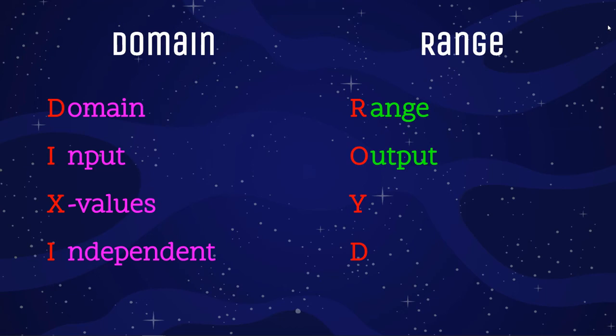So X is the number of teddy bears, it's the input and it's independent. You make that choice of what to put in. Y is how much you have to pay the person at the counter for the number of teddy bears that you chose. They're the output, the Y values. And it is dependent on what your X is. You can't have a Y without an X. You can't get a Y unless you've had an X.